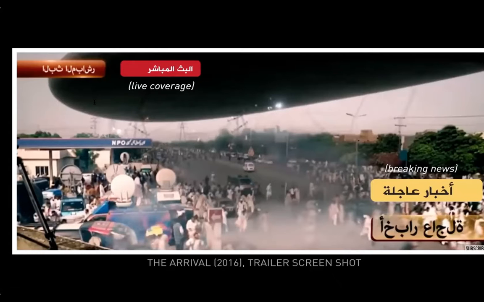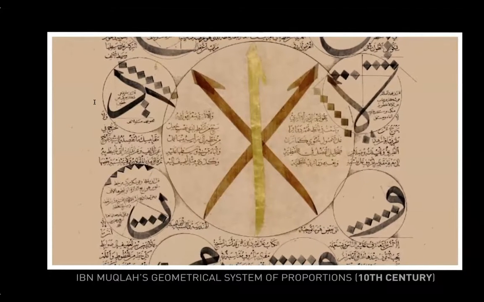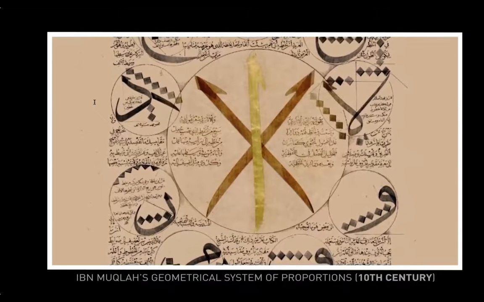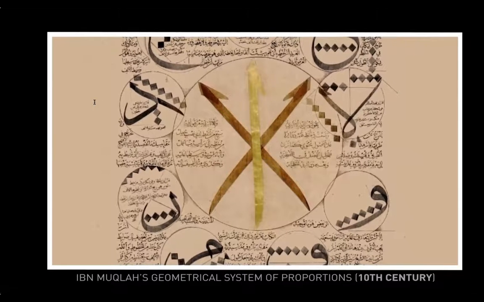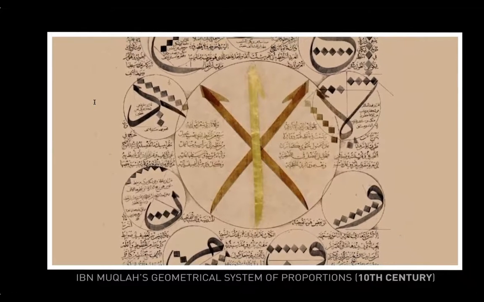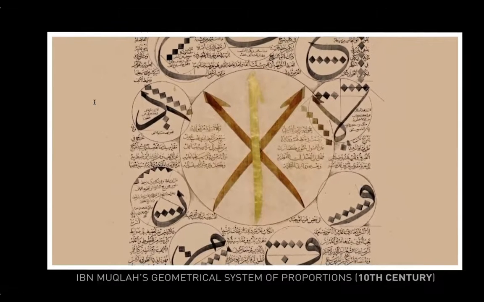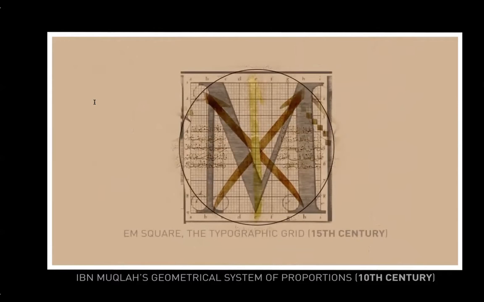It is unfortunate that cultural limitations have been plaguing the Arabic script all through history, and misrepresentations of the Arabic typography happen frequently within the design space in its different divisions. In fact, according to Ibn Muqla's geometrical system of proportions that was created in the 10th century, Arabic letter forms are constructed based on a circular grid, but many attempts are always trying to fit them within the Latin EM square.